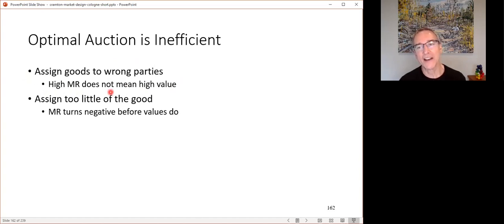That's going to get undone, and when that's undone, you're going to lose the revenue gain that you'd hope to get by that misassignment. Okay, so that's just one more reason why this type of distortion you probably shouldn't get involved with as a market designer.